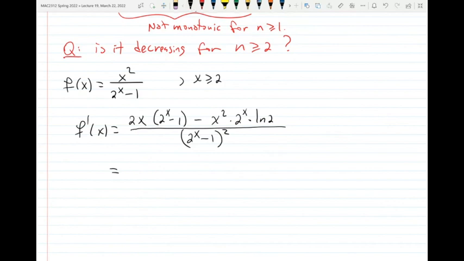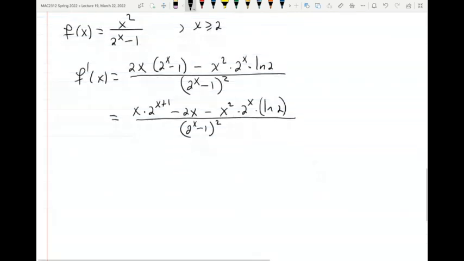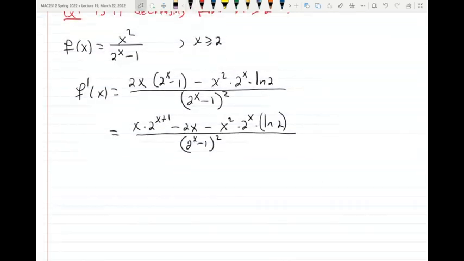So that will be x times 2 to the x plus 1 minus 2x, minus x squared times 2 to the x times ln of 2. Is that plus 1 part of the exponent? Why do you put a plus one in the 2 to the x? Because when you do 2 times 2 to the x, that's 2 to the x plus 1, and distribute, clear the parentheses.